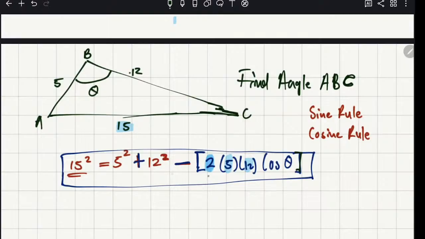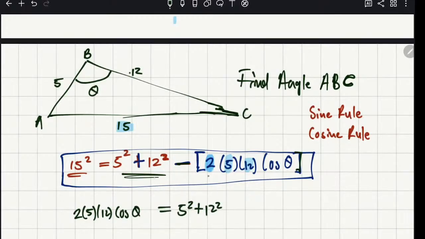You swap it, because it's negative. So you swap it with 15 squared, because it's negative. So it will come as a bracket, okay? 2 by 5 by 12 by cos theta is equal to 5 squared plus 12 squared. They are still adding, this 2. Then 15 goes to subtract.